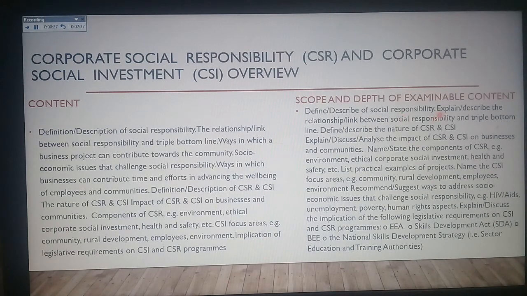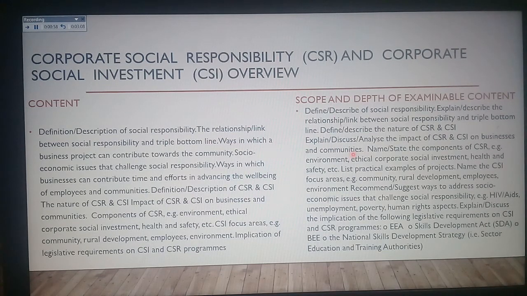You'll be required to describe the link between social responsibility and what we call the triple bottom line. Furthermore, you'll be asked to define and describe the nature of CSR and CSI. Explain, discuss, and analyze how CSR impacts on businesses and also on communities.